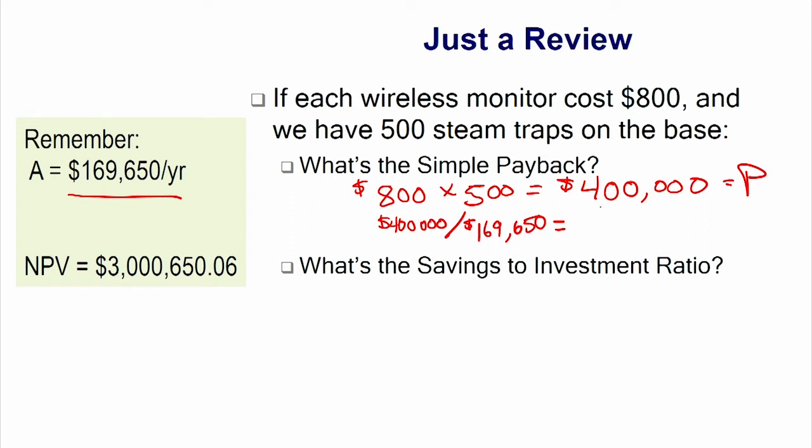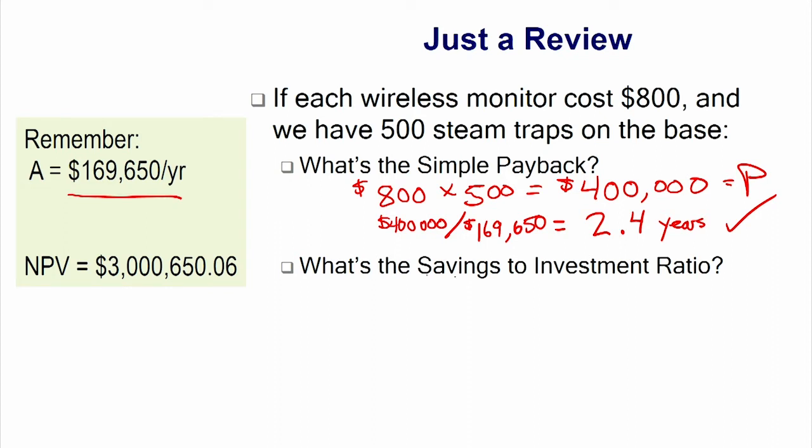We cancel the units out, and the years come up on top. You come up with 2.4 years simple payback. And that's good. That means you've got payback, and that means you're going to have it come up in less than 5 years. So generally, that's a good investment.